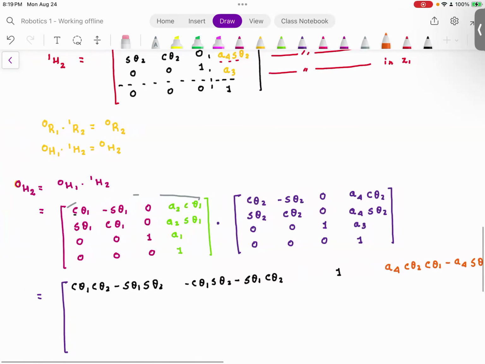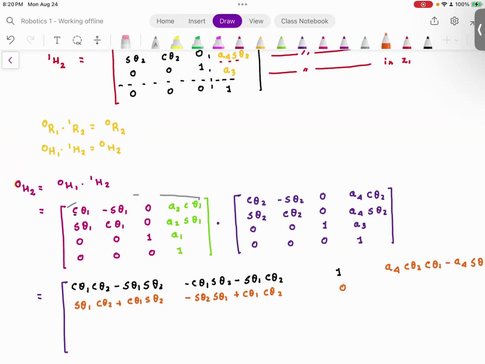Now let's do the second one. Second row becomes sine theta 1 cosine theta 2 plus cosine theta 1 sine theta 2, then minus sine theta 2 sine theta 1 plus cosine theta 1 cosine theta 2.